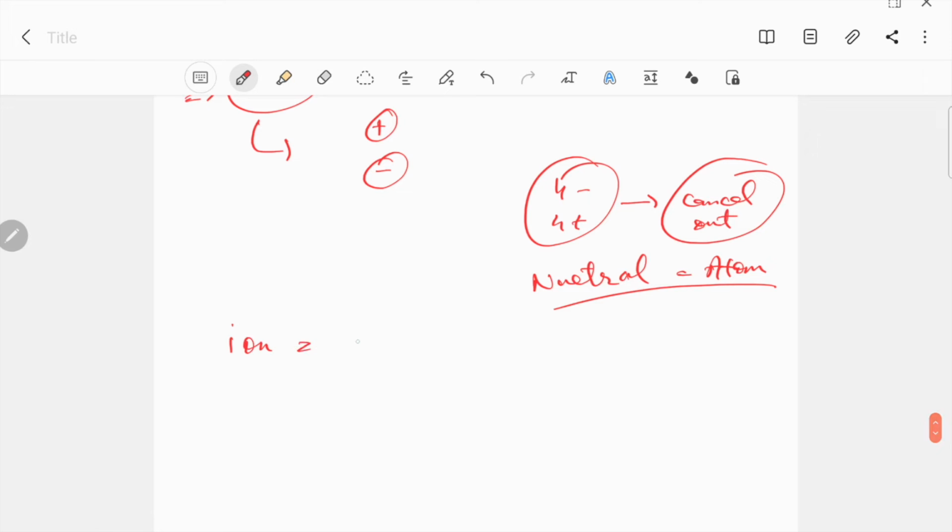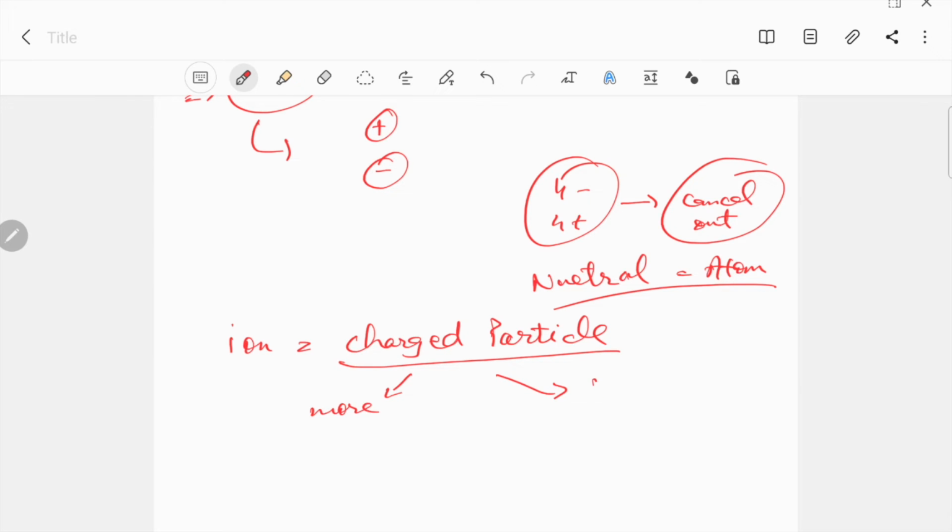However, an ion is a charged particle because it has either more or less electrons than the protons. अगर उसके पास electrons ज़्यादा हैं, तो the number of negative charges would be greater. Why?